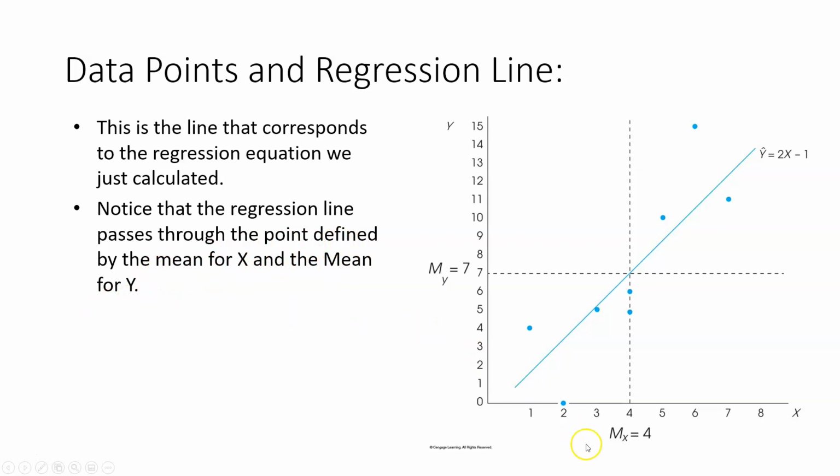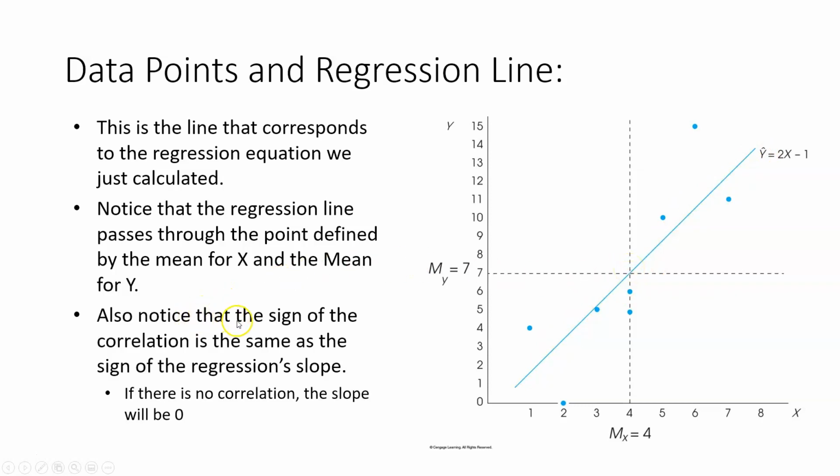You remember on the last slide that the mean for x was 4 and the mean of y was 7, and if you draw a dotted line here that crosses the mean of y and the mean of x, the regression line crosses through both of those points.